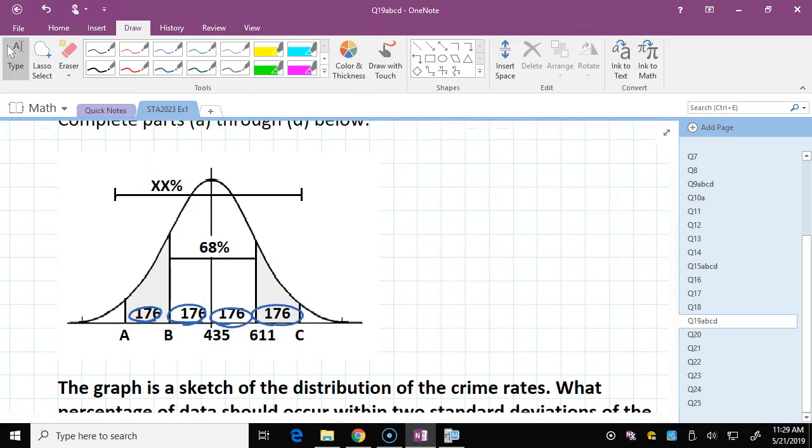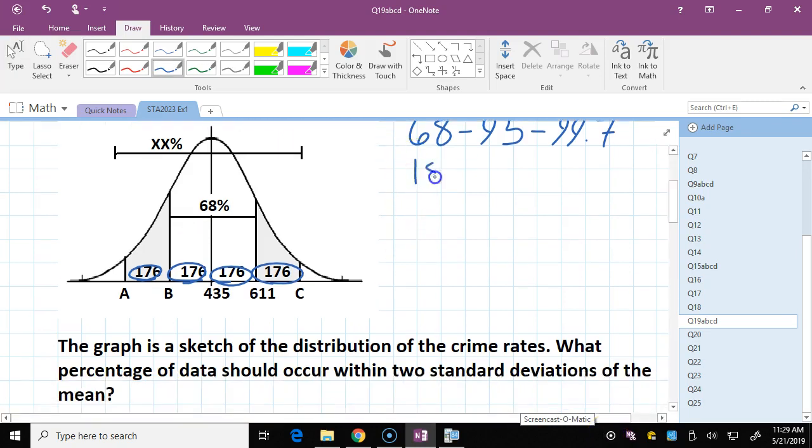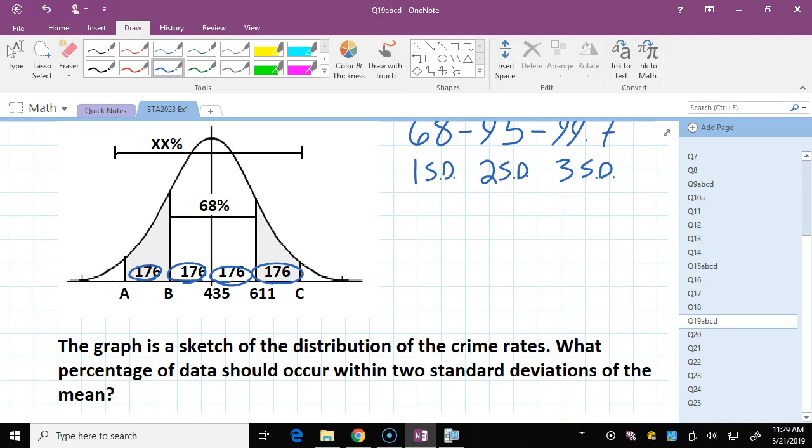Because remember in class I said that this is the empirical rule: 68, 95, 99.7. 68% is 1 standard deviation. 95% goes for 2 standard deviations. 99.7 is 3 standard deviations. It's what we call the empirical rule. And it works like that all the time, 100%, as long as it's symmetric and unimodal.